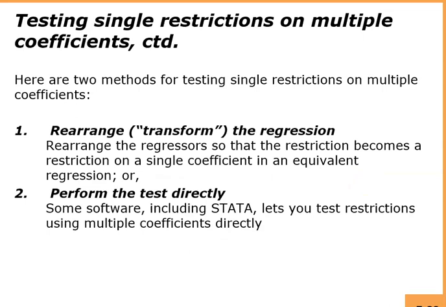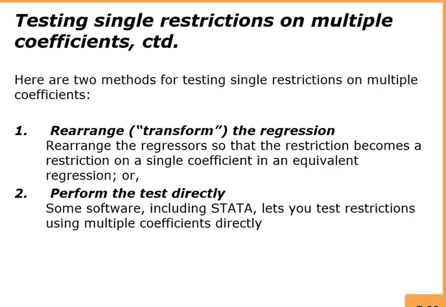So there are two methods for testing single restrictions on multiple coefficients. You can either rearrange the regression equation or you can perform the test directly. Option number 2 is usually included in all statistical software, including STATA, and you will pretty much use the same command, test, but the syntax will be slightly different.